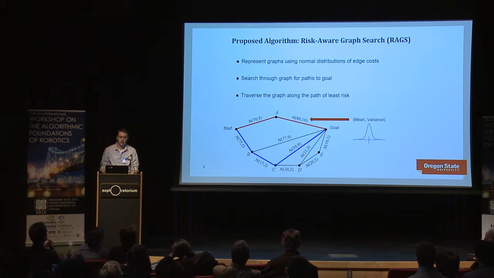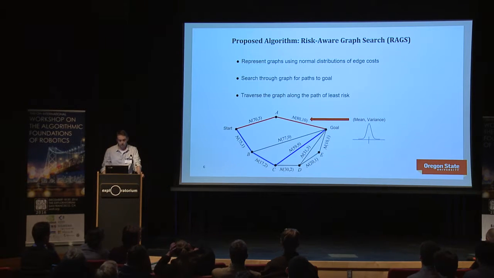What this is doing is searching through a graph to find a goal over normal distributions of edge costs. And we're trying to find a path with the least amount of risk. You can see here a high-level example to give you an idea of how this would differ from more deterministic search algorithms like A*, where you would search over the expected cost.